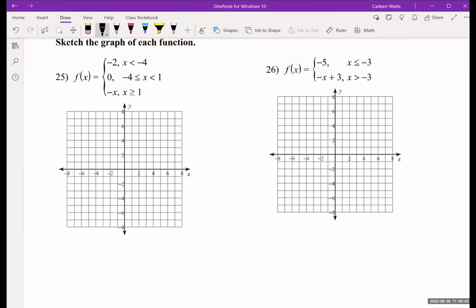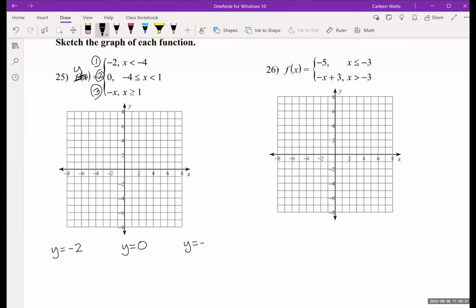So we have 3, this is broken down into 3 pieces. So step number 1, change this to y equals. I have y equals -2. Yeah, see where I got that? That's one piece. Y equals 0. That's the other piece.